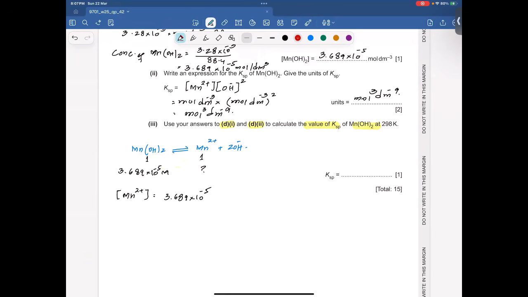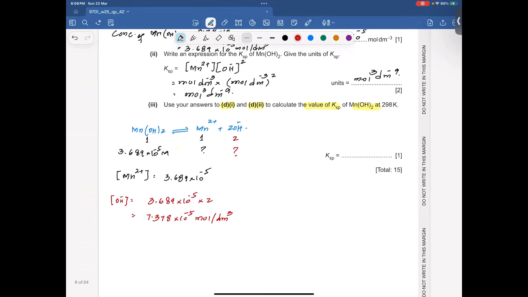And obviously, these two substances have a 1:2 ratio. So obviously, the concentration of hydroxide should be doubled. So it's 3.689 into 10 to the power minus 5 into 2. So the value of hydroxide ion is going to be 7.378 into 10 to the power minus 5 mole per dm cube. Okay, let me plug in the value in this expression.